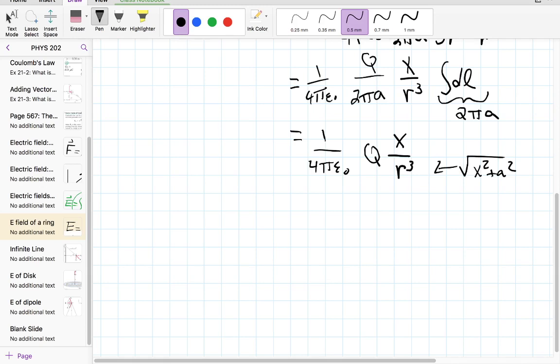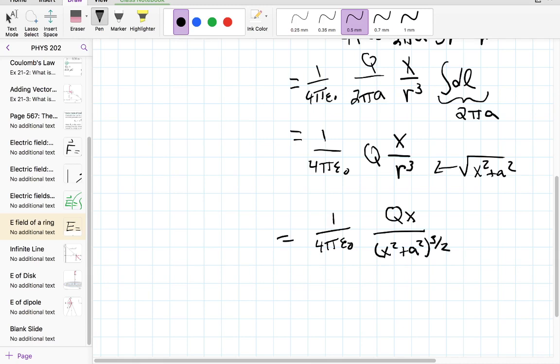So our final answer looks something like this. 1 over 4 pi epsilon naught q x over the square root of x squared plus a squared, cubed. So we can write that as x squared plus a squared to the 3/2.